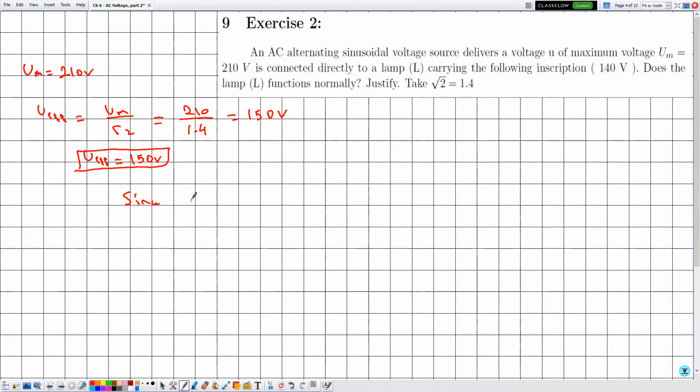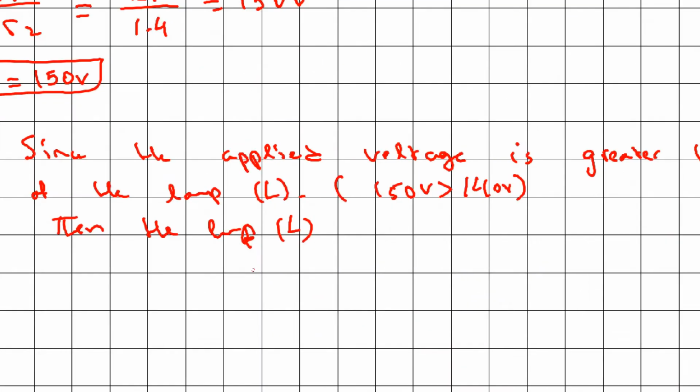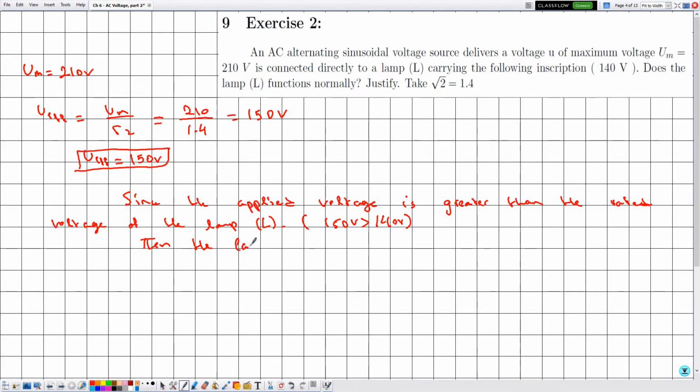Since the applied voltage, which is the effective voltage, is greater than the rated voltage of the lamp L, because 150 volts is greater than 140 volts, then the lamp L may function strongly or burn out.